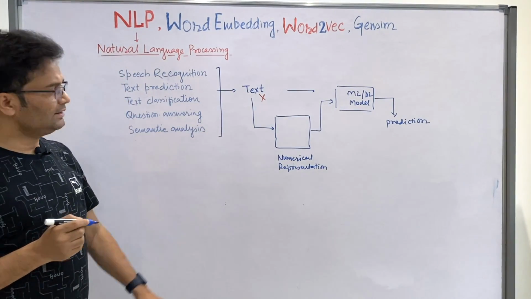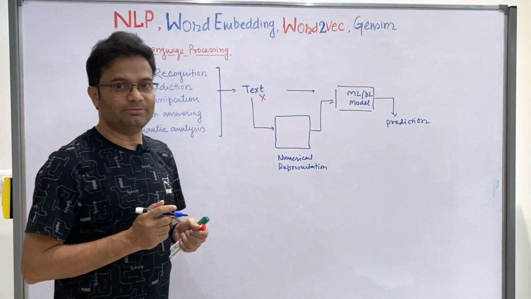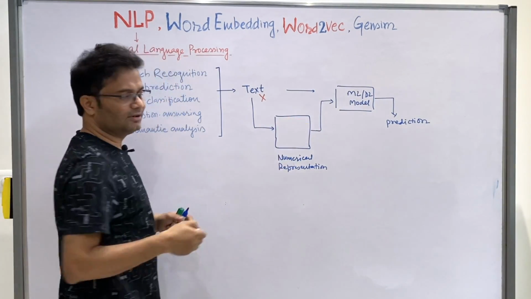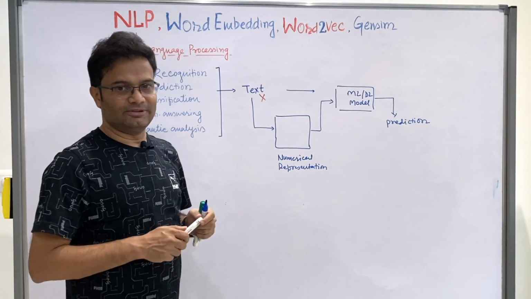Then the model will work as it normally does when you pass numerical representations.